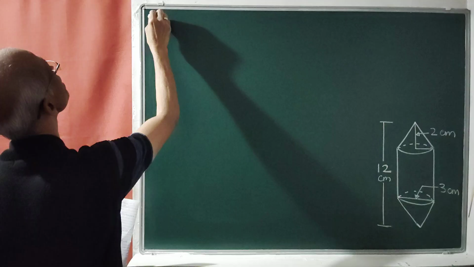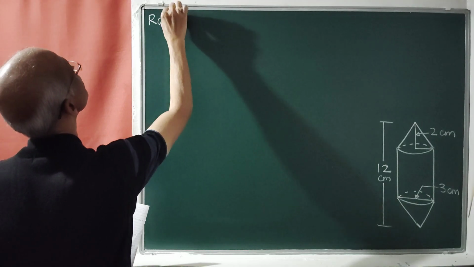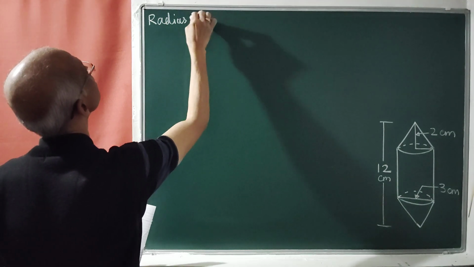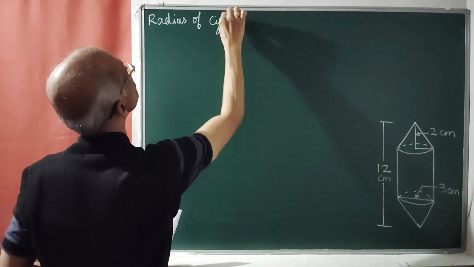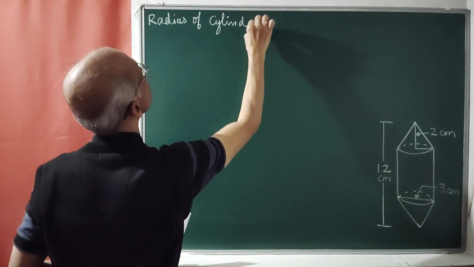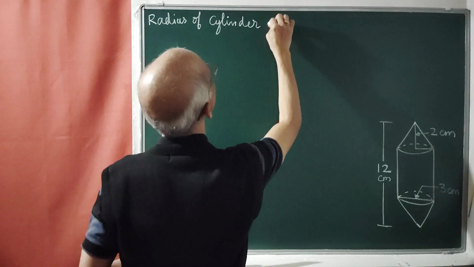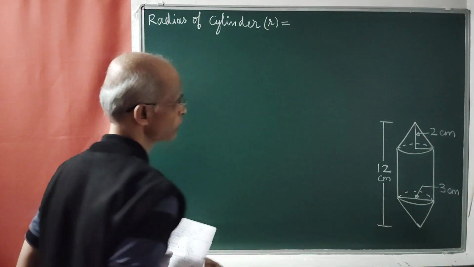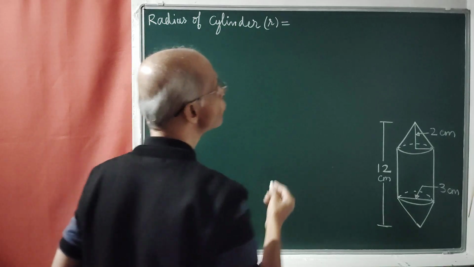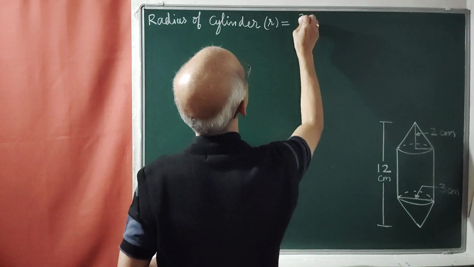Now radius of cylinder. Radius of cylinder, R equal to 3 by 2, that is 1.5.